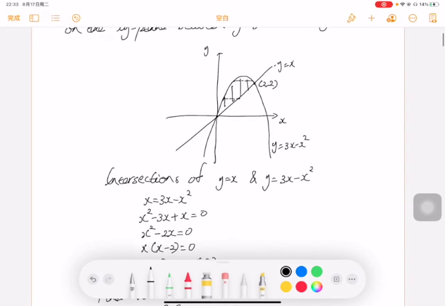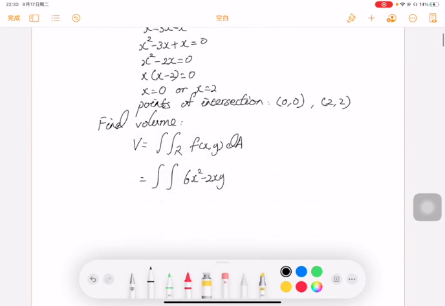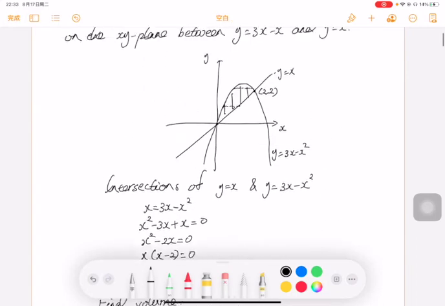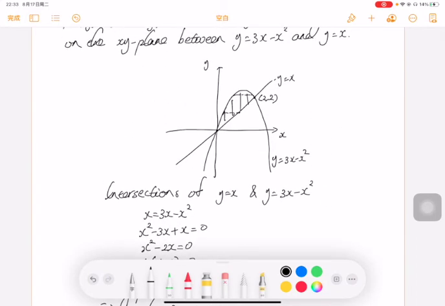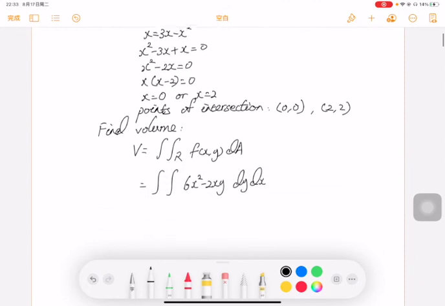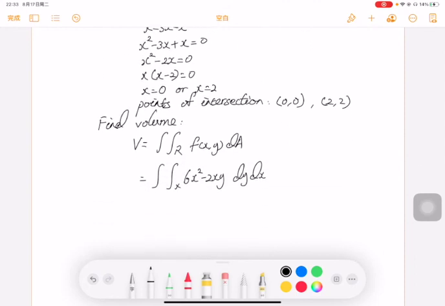So we know that we should integrate with respect to y first, so it's dy dx. Integrating with respect to y, we find the lower bound and the upper bound. The lower bound is y equals x, and the upper bound is y equals 3x minus x squared. So it's from x to 3x minus x squared.